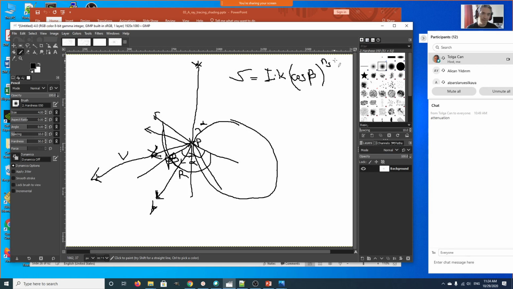For example, if ns, the specular exponent, is 10, what happens? Cosine beta is a value between 0 and 1. If you take a power of a number between 0 and 1, it will become smaller, right? So it will only stay large when cosine beta is closer to 1. This is the specular exponent.